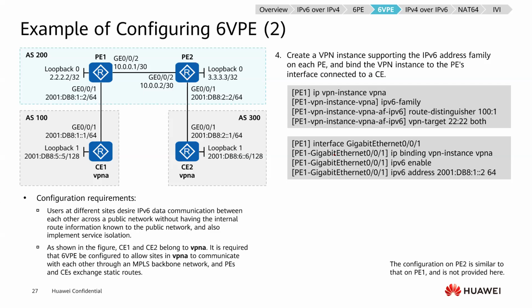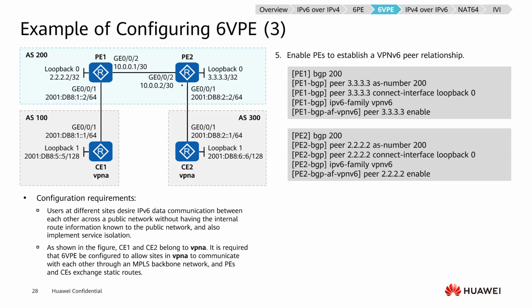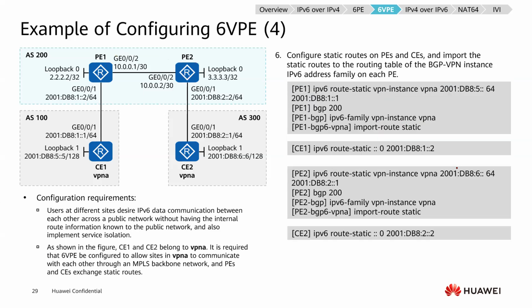And then you need to create the VPN instance for VPN-A, configure the RD and RT, and bind it to the specific interfaces here. And then you need to establish the IBGP relationship between the PEs, entering the VPNv6 family address to enable the peer.